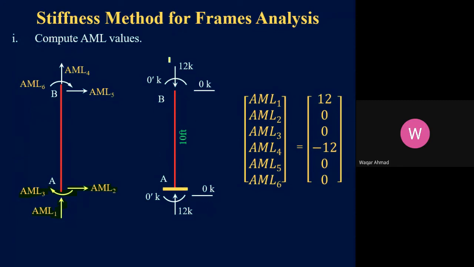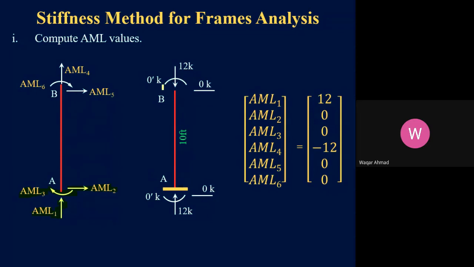I am getting them from step number 2. What I did in step number 2 was solve the kinematically determinate structure for the actual applied load. So these are the fixed-end actions which you obtain from that step.